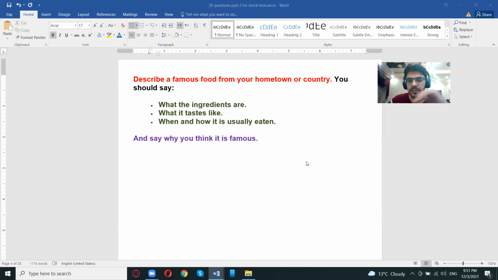Yes, my famous food in my country and hometown is mansaf. The ingredients are yogurt and rice and meat.